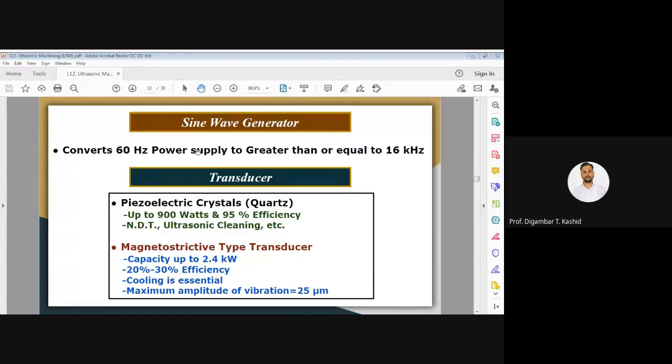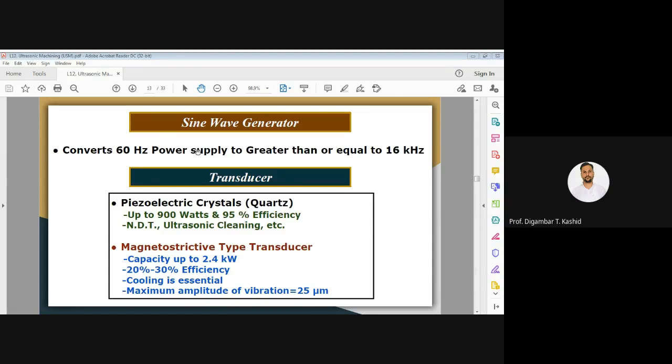Then we have the transducer. This transducer uses a piezoelectric crystal, which can have power up to 900 watts, and the efficiency in this case is very high, up to 95%.